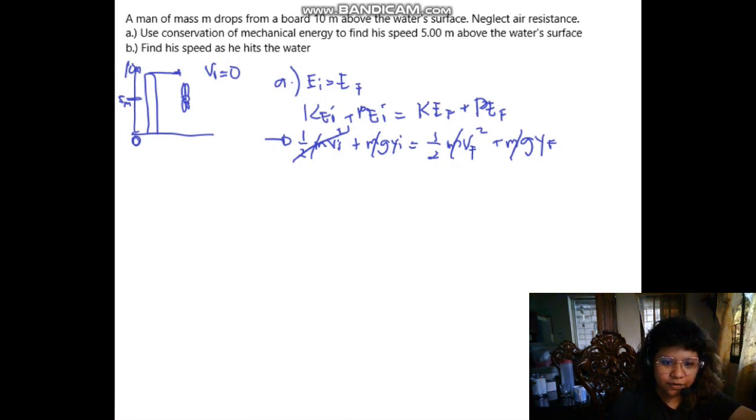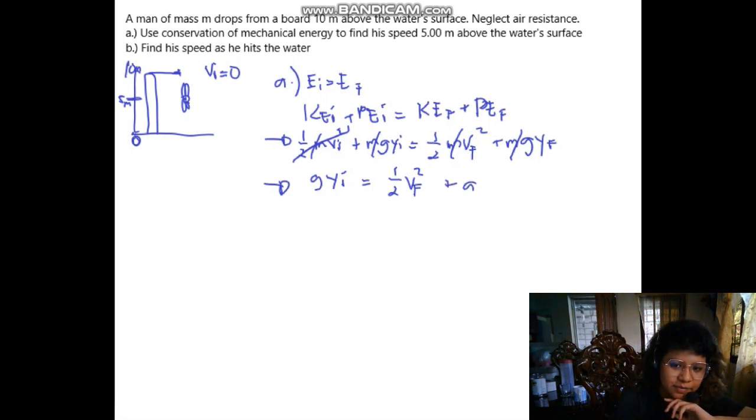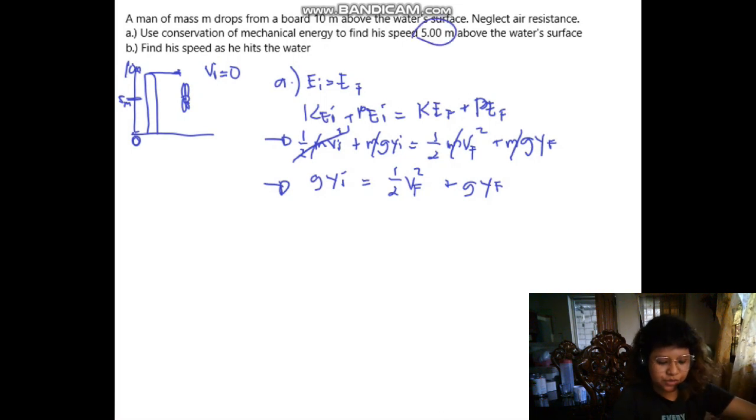Now, what remains in our formula is gravity times initial position is equal to 1/2 final velocity squared, plus gravity times final position. And what we are looking for is the speed at 5 meters above the water's surface.